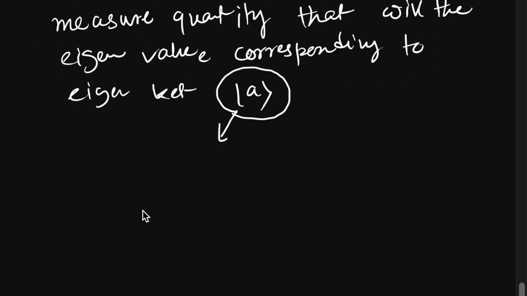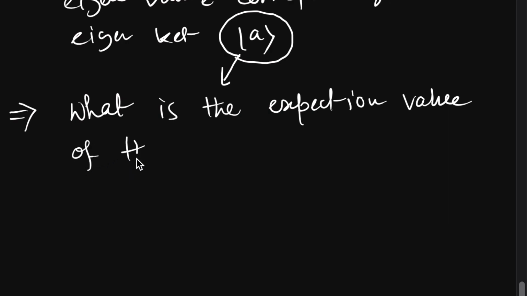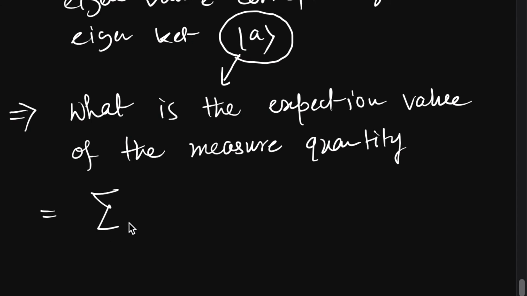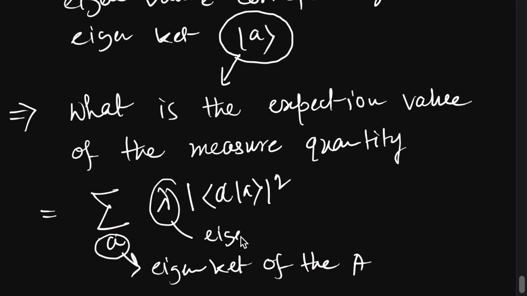Now if we ask what is the expectation value of the measured quantity, that is nothing but the sum over a of lambda_a times the probability, where a is the eigenket of the observable A, and lambda is the eigenvalue corresponding to eigenket |a>.